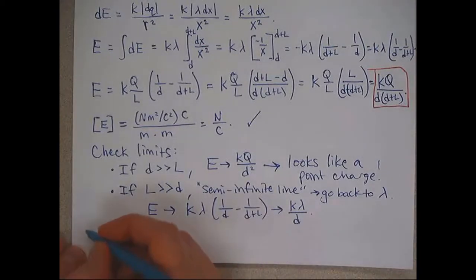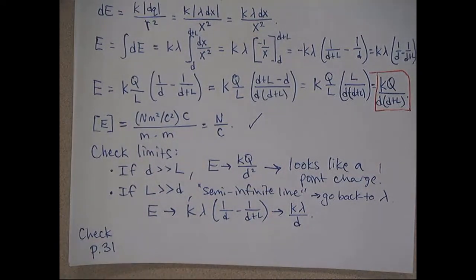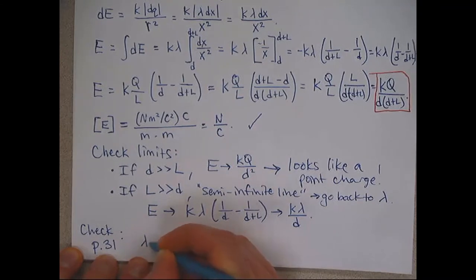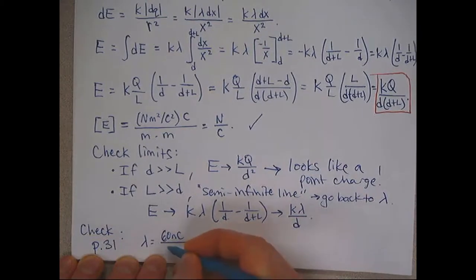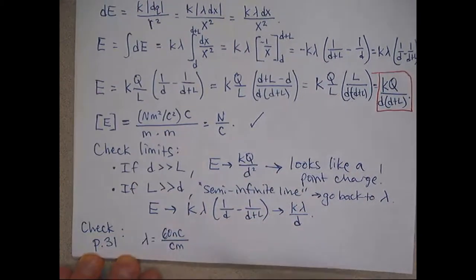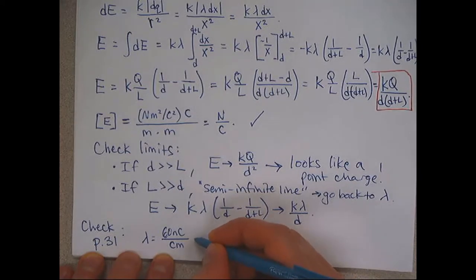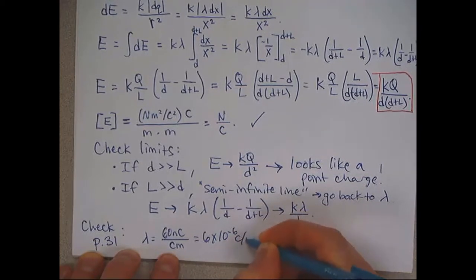And we'll include here a check to the numerical approximations that were made in class on page 31, with a lambda of 60 nanocoulombs per centimeter. In that problem, you were given 480 nanocoulombs and a length of 8 centimeters. This is 6 times 10 to the minus 6 coulombs per meter.